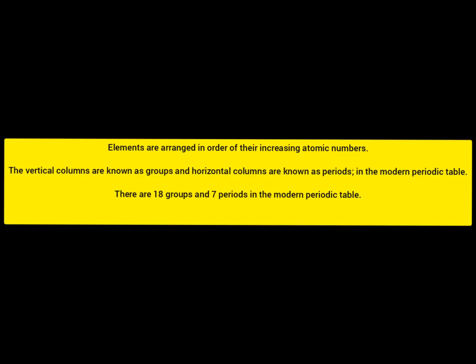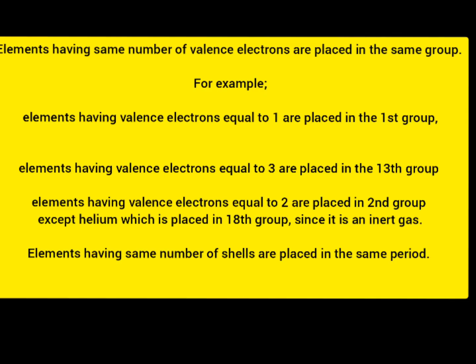So children, in this module we have studied that in the modern periodic table, elements are arranged in order of their increasing atomic numbers. The vertical columns are known as groups and the horizontal rows are called periods. There are 18 groups and 7 periods in the modern periodic table. Elements having the same number of valence electrons are placed in the same group.